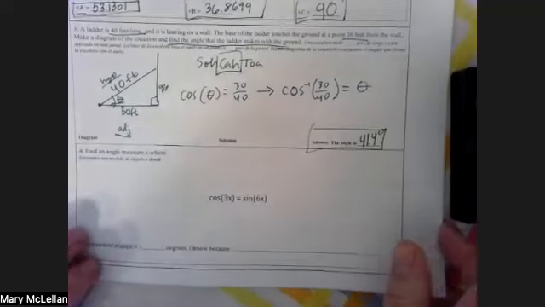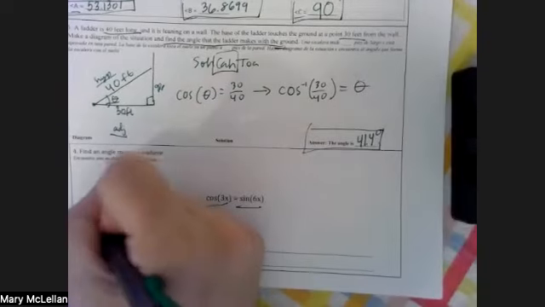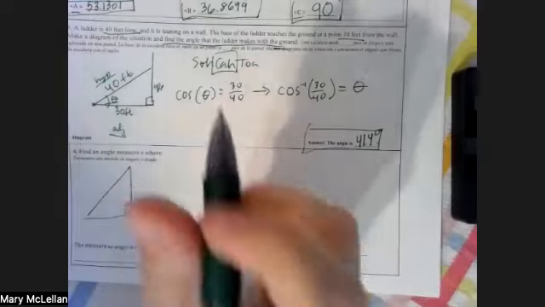Okay, last problem. Find an angle measure x such that cosine of 3x equals sine of 6x. Okay. Well, I know if cosine is equal to sine, let me just draw a triangle.